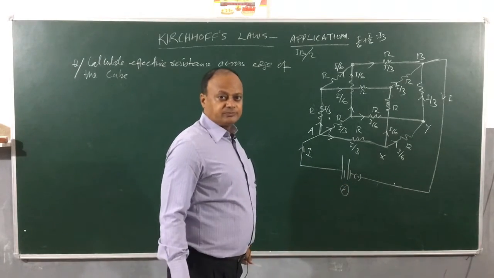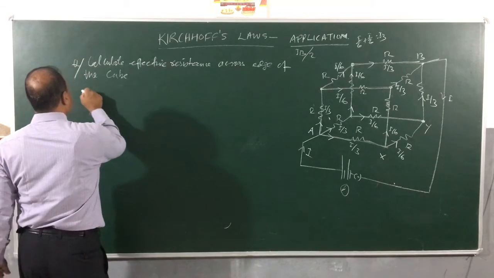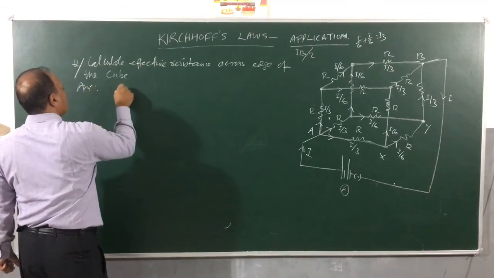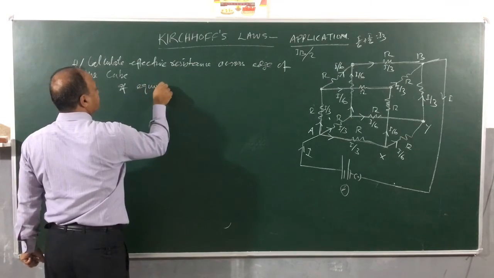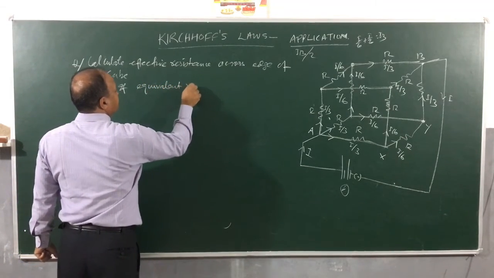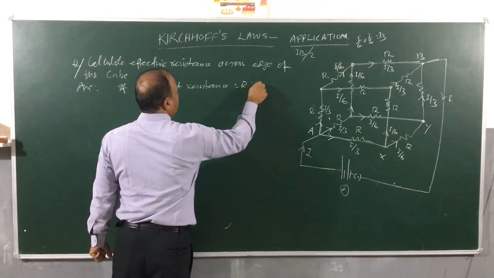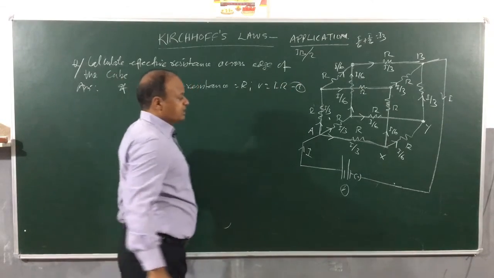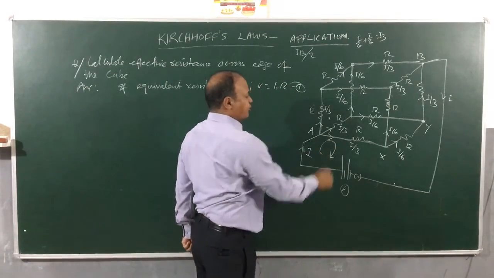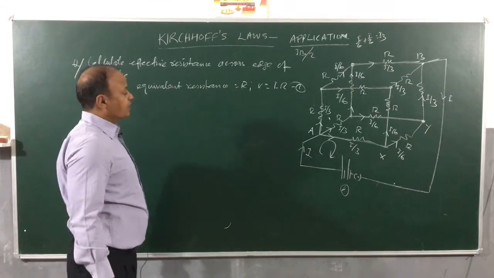V. Clear? Then if equivalent resistance is equal to R, then V is equal to how much? I into R. Clear? Suppose we are going in the clockwise direction. Clockwise direction is our direction of calculation.